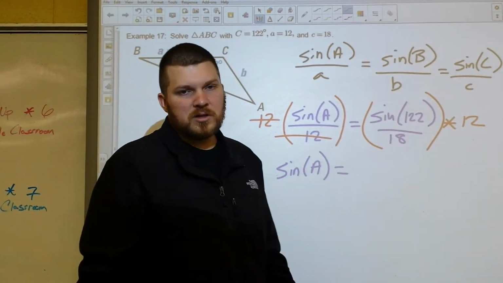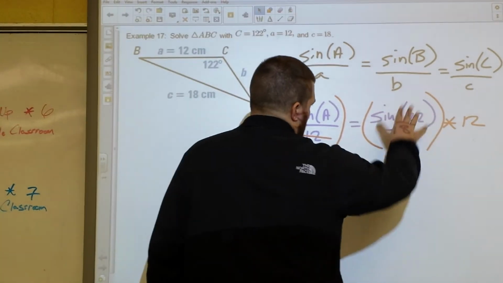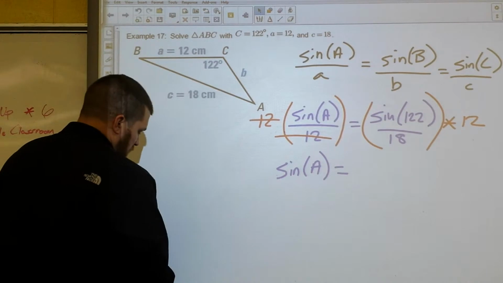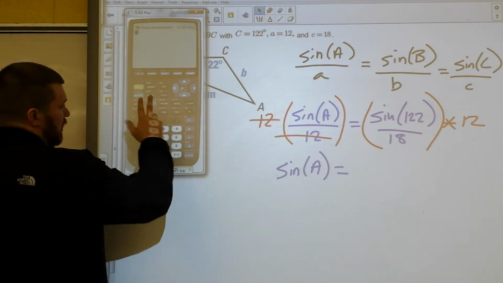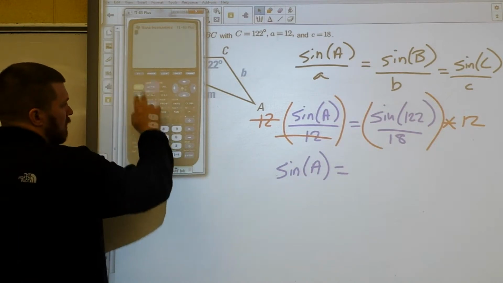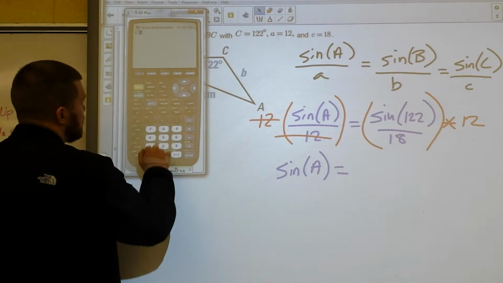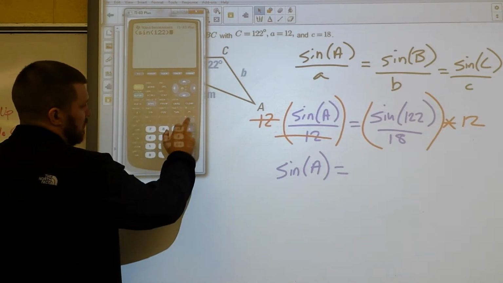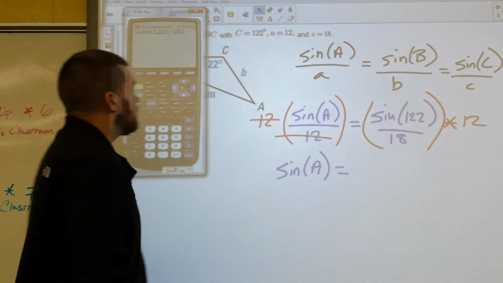Now, since I'm turning it into a decimal, I'm rounding, so just keep that in mind. If you want to go ahead and just leave this alone, that's fine too, but it is kind of messy. I'm going to go ahead and round. Again, I'm in degree mode because that's what my angle is given in the original problem. So I have parentheses, sine of 122, close parentheses, divided by 18, close parentheses again, just like it's written, times 12.